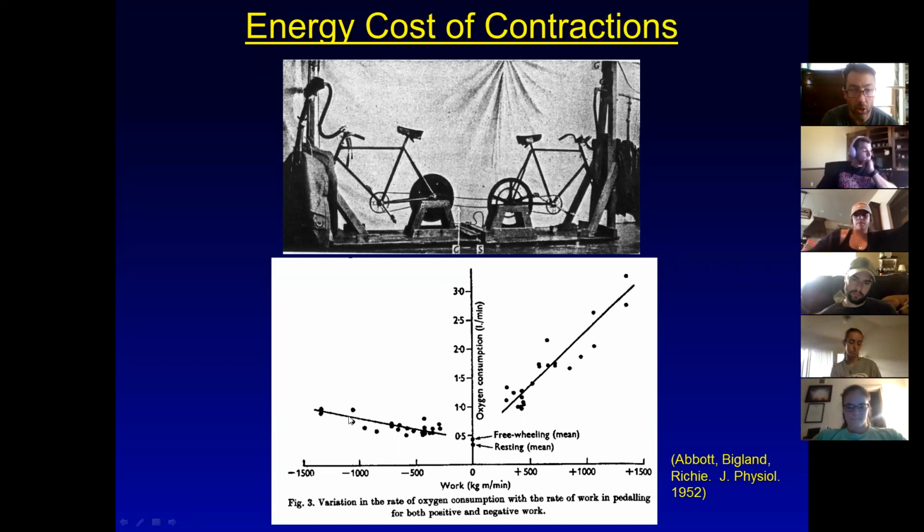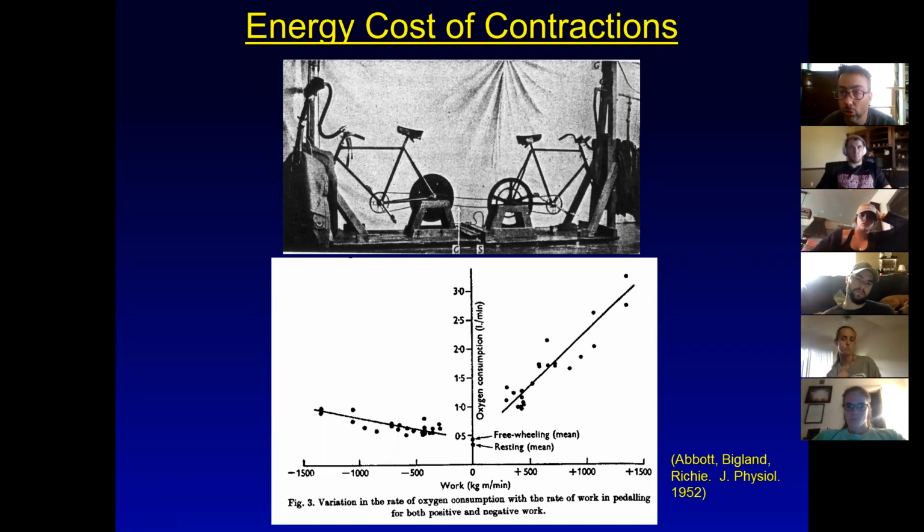Here at almost 1,500 kilogram-meters per minute of work going backwards, you're at a lower oxygen consumption than doing 300 or 400 or 500 going forward. So it's much, much less energy use to go at these very high force levels going backwards than it is to go at even these low force levels going forward, okay?